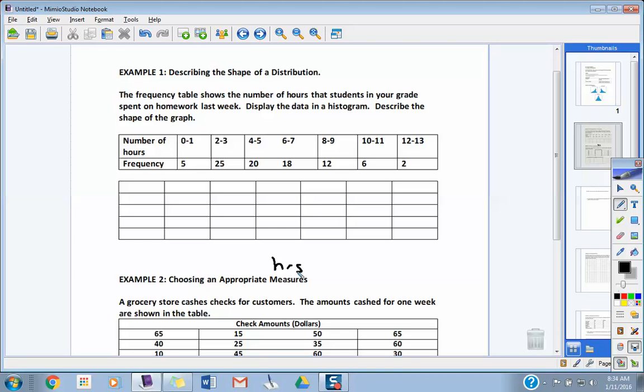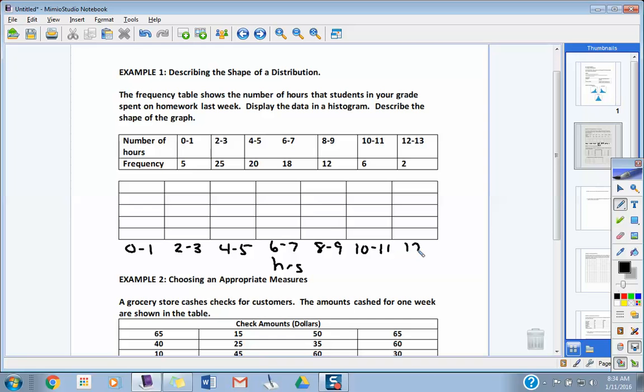And then for each interval right here, or each certain column, if you will, I'm just going to go ahead and put the number of hours down here. So this column is going to represent 0 to 1 hours. This will be 2 to 3. This will be 4 to 5. This will be 6 to 7. This will be 8 to 9. This will be 10 to 11.